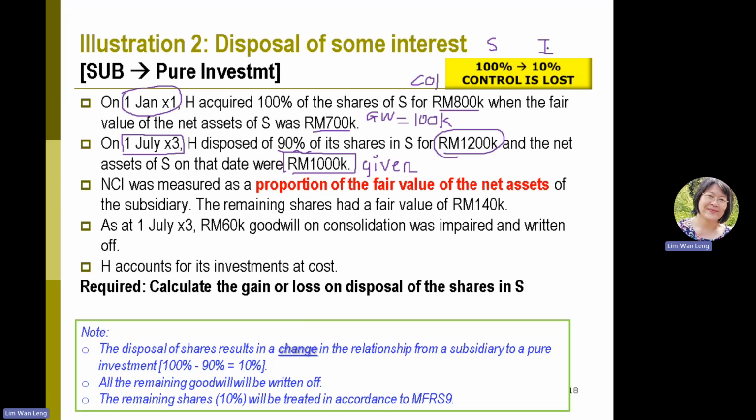So we need to calculate gain or loss on disposal. So which pro forma we need to choose? We have to go and look at how the NCI was measured. So they tell you NCI was measured as a proportion of the fair value of the net asset in the subsidiary. So that means you have to use the partial goodwill format.